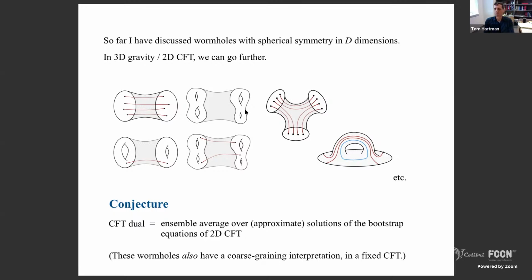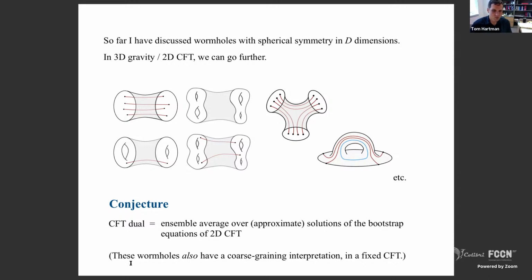Now, I've told this in reverse order, so we actually did the 3D case in an earlier paper that was in collaboration with Jivan, Scott, and Alex, and then Jivan and I did the spherically symmetric case later, but I'm just presenting it in the opposite order.